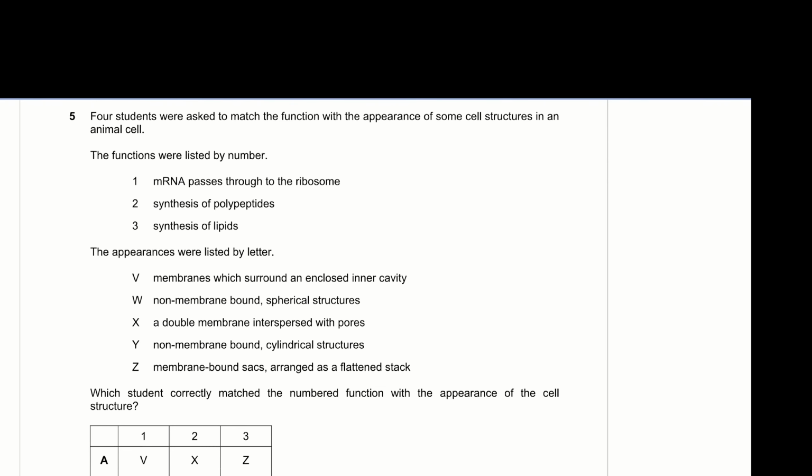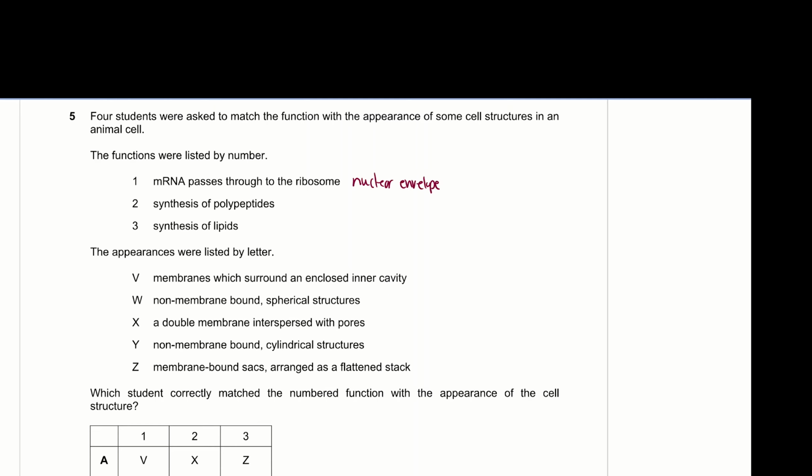Number 5. 4 students were asked to match the function with the appearance of some cell structures in an animal cell. The functions were listed by number. To start with, mRNA passes through to the ribosome. We all know that when mRNA is formed during transcription, it passes outside the nucleus through the nuclear envelope, through the nuclear pores.